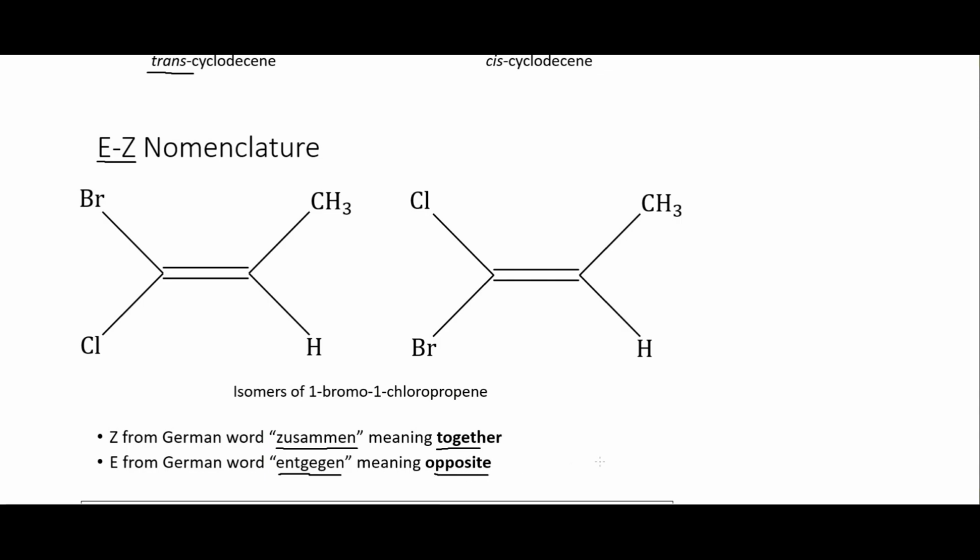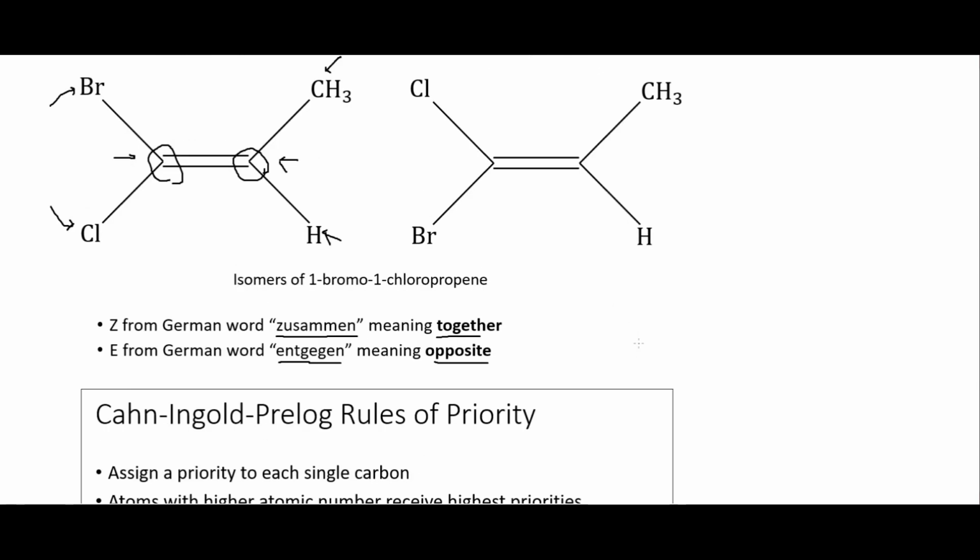And so we're again using this sort of cis and trans, so together and opposite. But in this case, we're going to come up with some rules. And so we're going to look at each of the carbons on here and try to look at which of these things takes priority on this carbon and which of these things takes priority on this carbon right here.